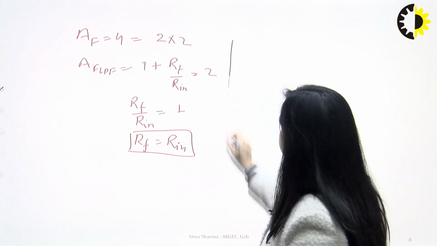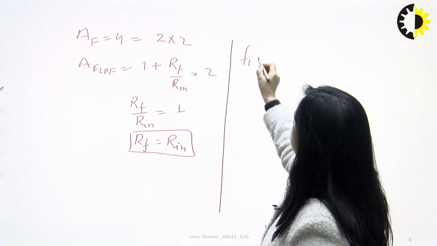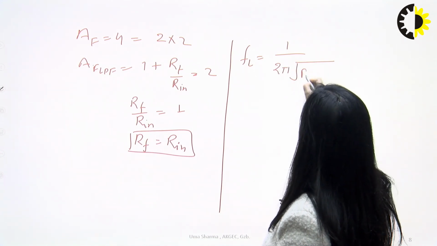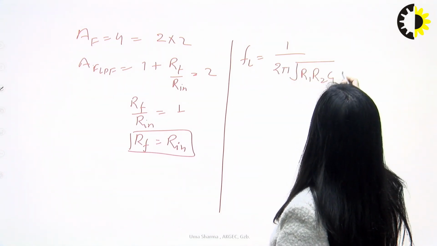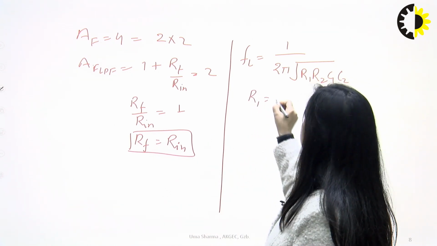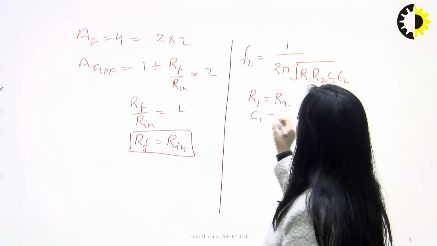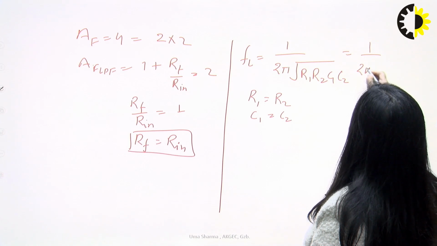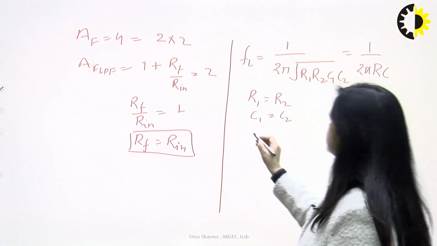Otherwise, for a second order filter, the frequency FL can be written as 1 upon 2 pi under root of R1, R2, C1, C2. If we consider an equal component filter, R1 equals R2, C1 equals C2, then this becomes 1 upon 2 pi RC, which is similar to the first order filter.